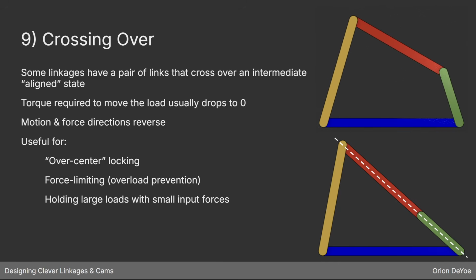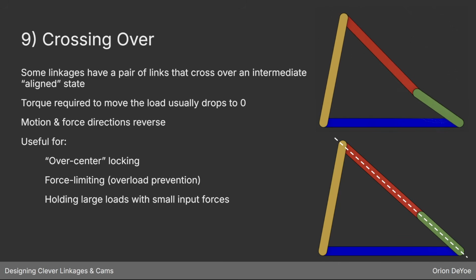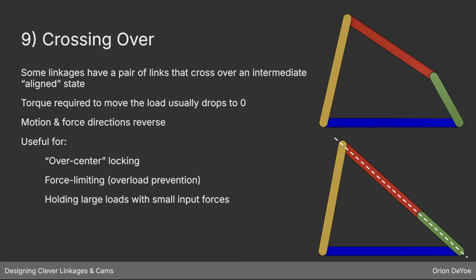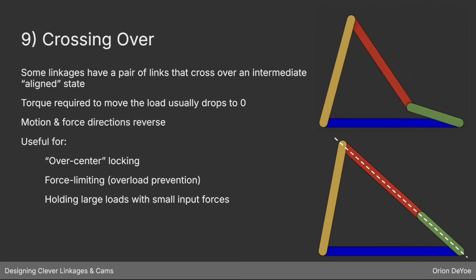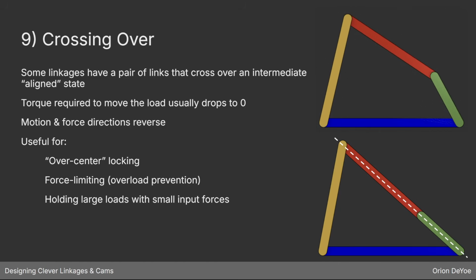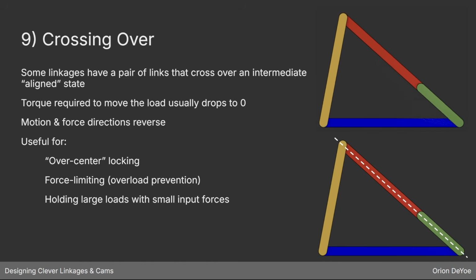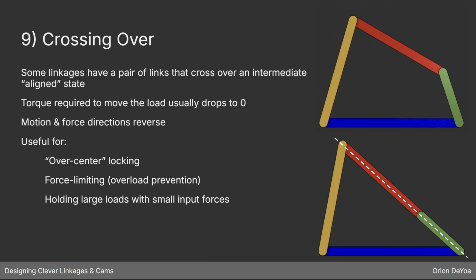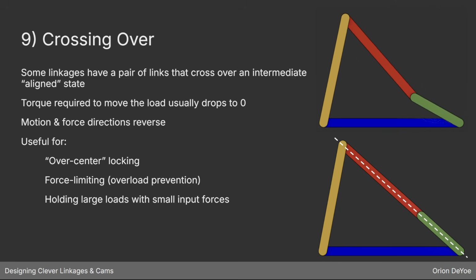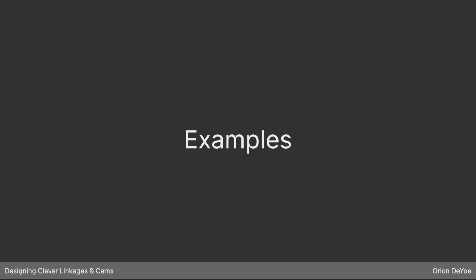Also, in this perfectly lined up state, generally speaking, the torque that you need on your driving link will become zero because it's in line, either in tension or in compression. This is useful when you're trying to do over center locking, or other applications where you've got a small driving force at a very large load.